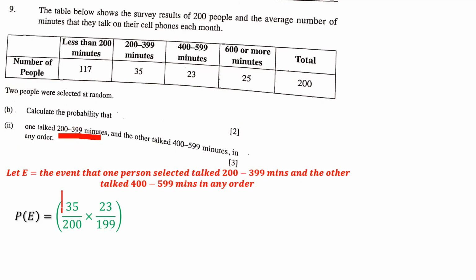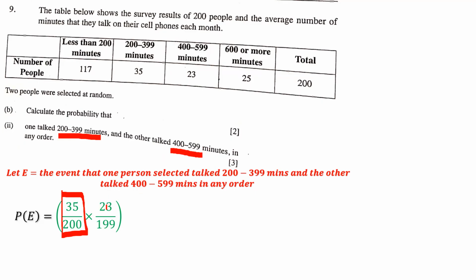So if we selected that person first, that means it's going to be 35, because 35 of them talk 200 to 399 minutes. And it's going to be out of 200 because there are 200 people to choose from. But now remember, you have to select another person, and that other person is going to come from the 400 to 599 minutes group. So it's going to be 23 of them that we could select from.